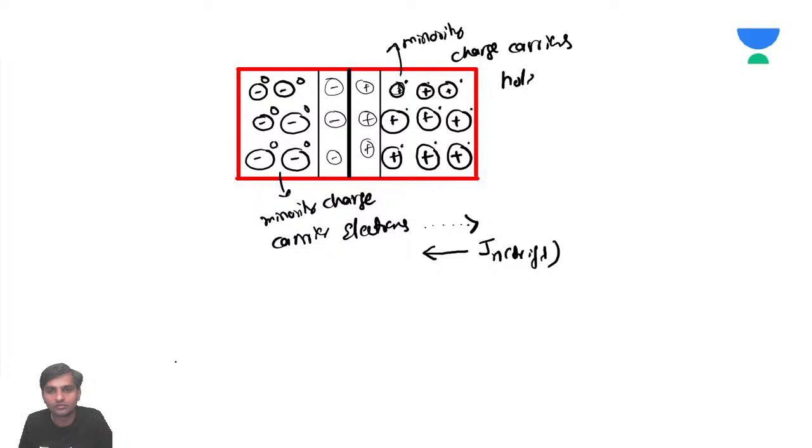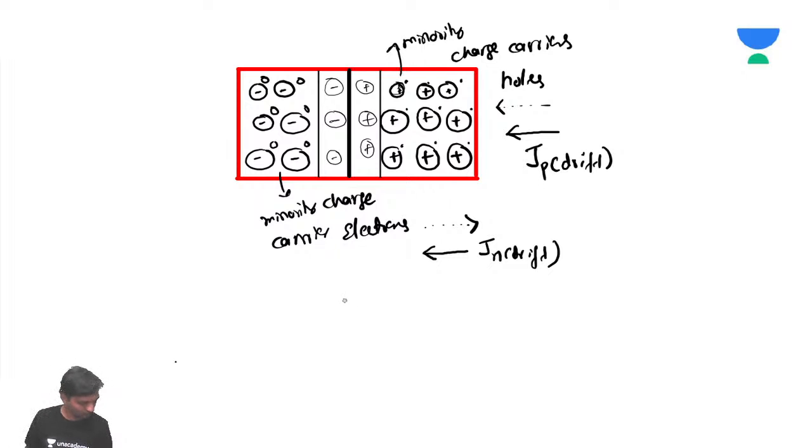Holes. Holes will move in this direction. So what is the corresponding current? This is nothing but JP drift current.